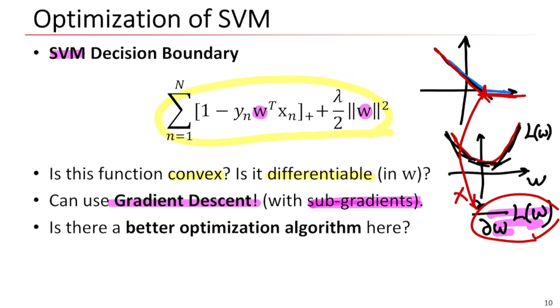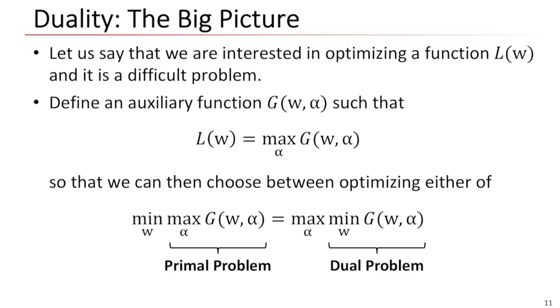So the question is, is there any better optimization algorithm here? The answer is yes. From now on, we will derive a new loss function that replaces this original SVM loss function. Before that, we need to introduce the duality concept.